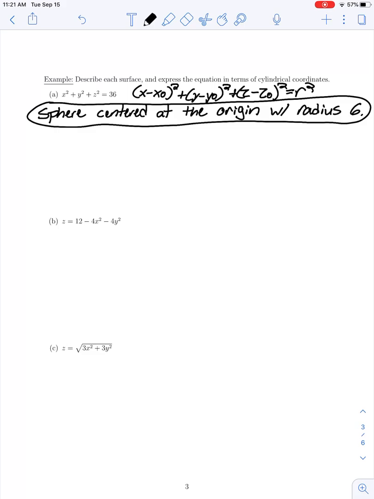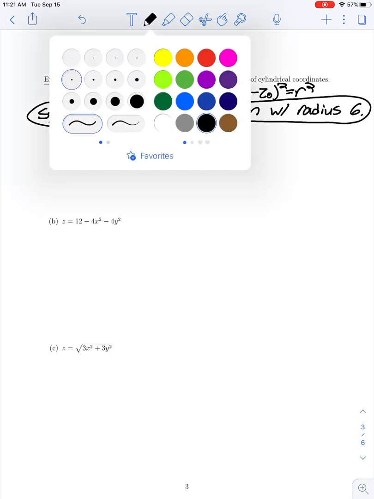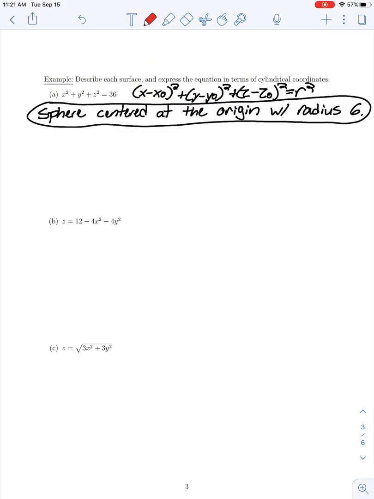The second part of the question asks us to express the equation in terms of cylindrical coordinates. So using my conversion formulas, I know that the sum of x squared plus y squared in terms of cylindrical coordinates would be r squared.